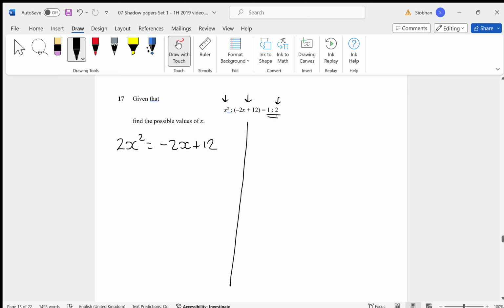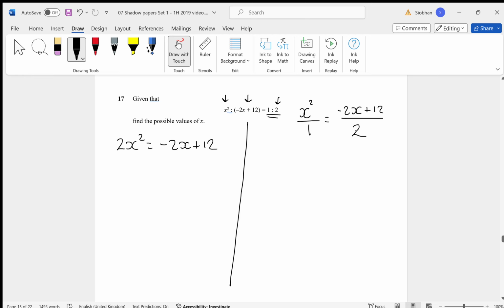But these ratios in your exam might not be very nice, so there's another way to do this in case those numbers aren't very nice. If you divide the first quantity by the first number in the ratio, it will equal the second quantity divided by the second number in the ratio. Then you just need to get rid of the denominator.